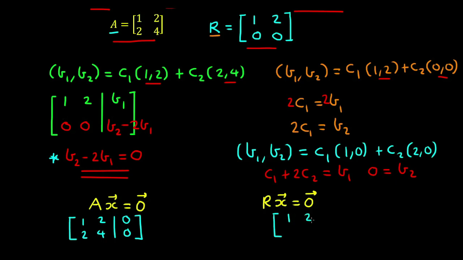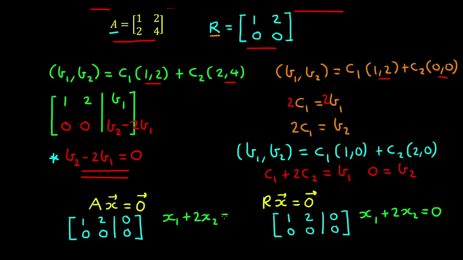And here we have 1, 2, 0, 0 augmented with the 0 vector. So this tells us that x1 plus 2x2 is 0. And if you subtract 2 by row 1 from this second row, we get zeros. And this gives us the same result: x1 plus 2x2 is 0.